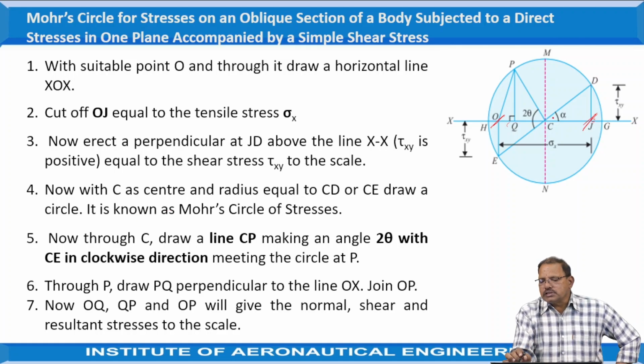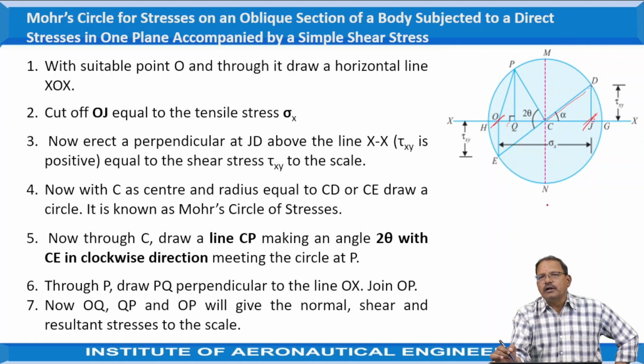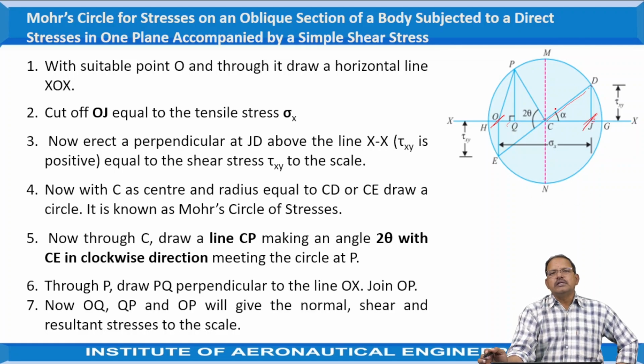Now take C as the center, and the radius equal to CD. Describe a circle. This circle is known as the Mohr circle for the stresses.